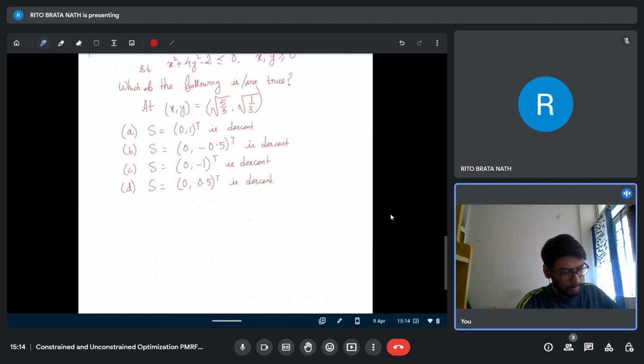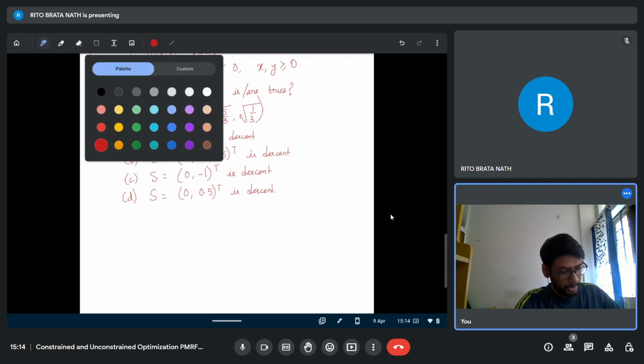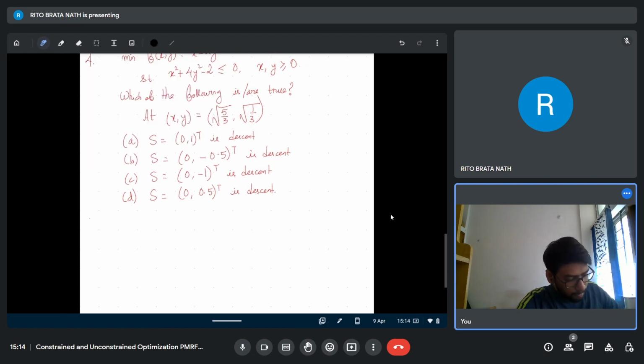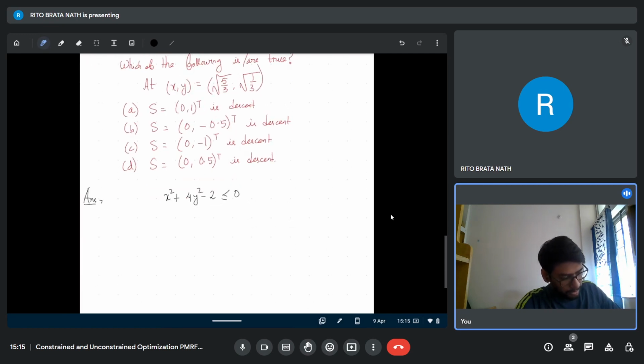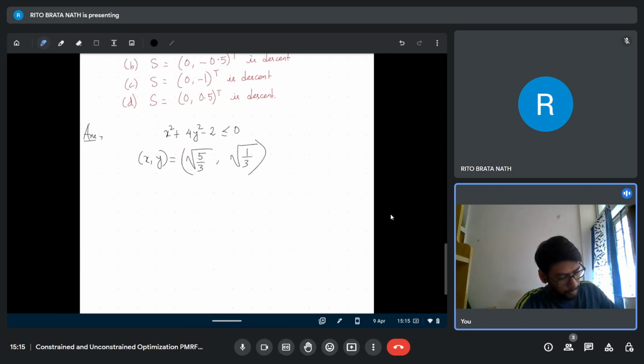In this case, first let me check one thing. The constraint is x squared plus 4y squared minus 2 less than or equal to 0. But let's put x, y equals root 5 by 3, root 1 by 3. So this gives me root 5 by 3 whole squared plus 4 times root 1 by 3 whole squared minus 2.